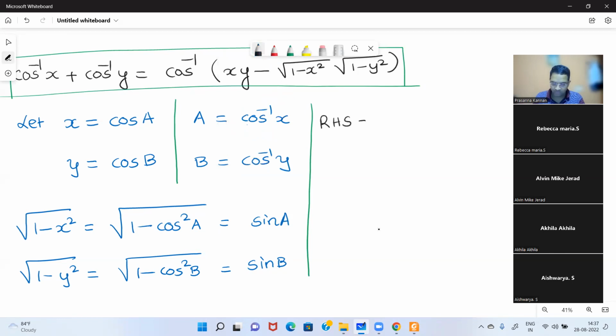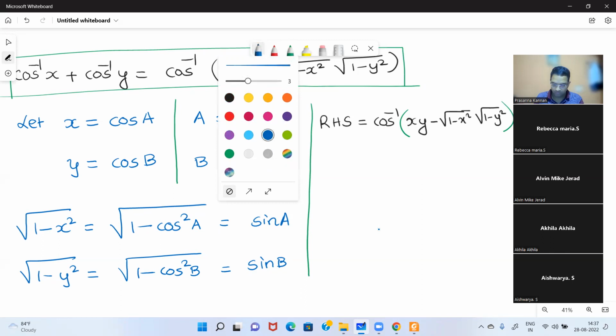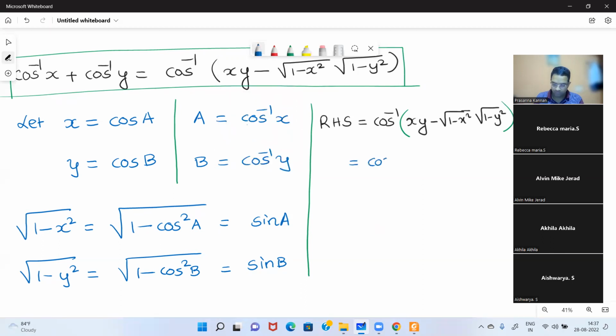Okay, now let's take the RHS. What is our RHS? Cos inverse of x into y minus root of 1 minus x square into root of 1 minus y square. Correct? Yes, sir. What is x?